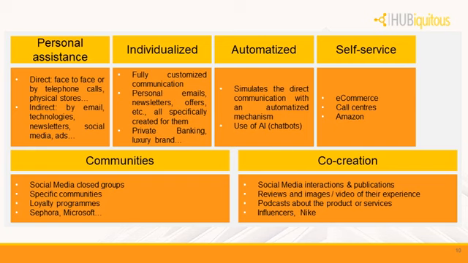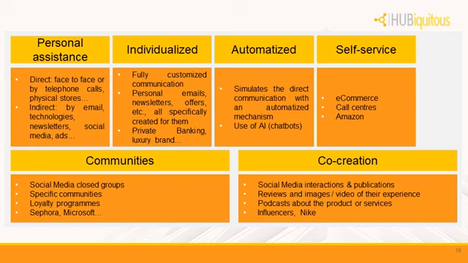Here, the maximum trend is artificial intelligence. The first tools that we are seeing are chatbots that are more and more sophisticated as time goes by and the technology evolves. In self-service, for example, e-commerce is a great example.